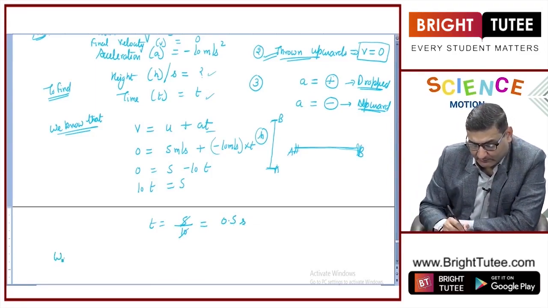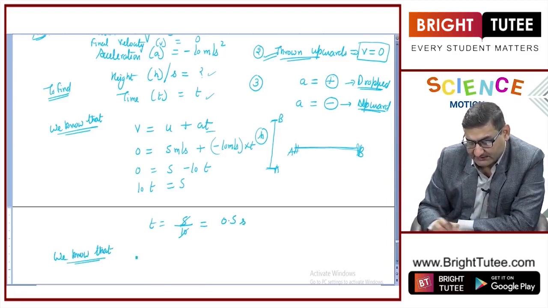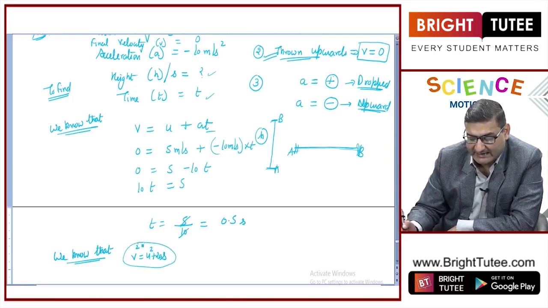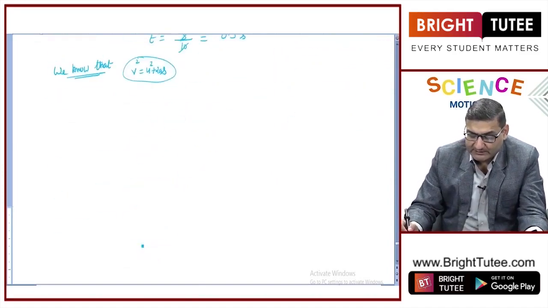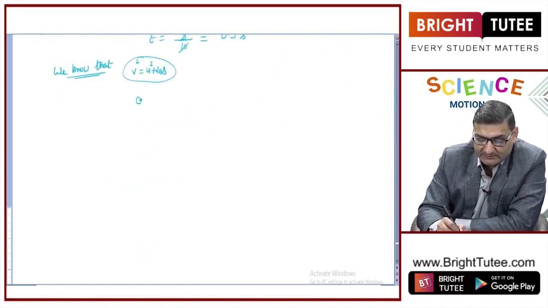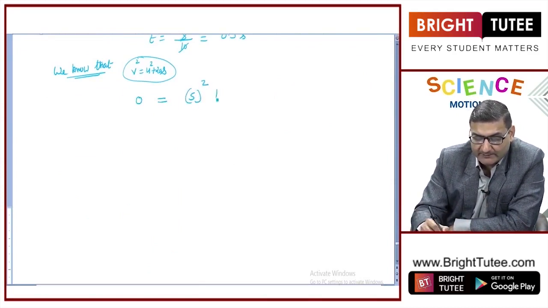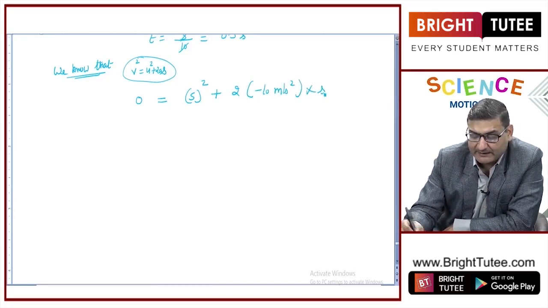Second thing we need to calculate was the distance. Now, we know that for calculating distance, I will apply the third equation of motion, v square is equal to u square plus 2as. Now, again putting the values in the equation, v is given to be 0 in the question, u is given to be 5 meter per second. I will take the square, plus 2 multiplied by acceleration, which was minus 10 meter per second square, and multiplied by s.